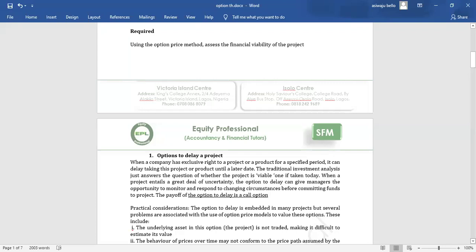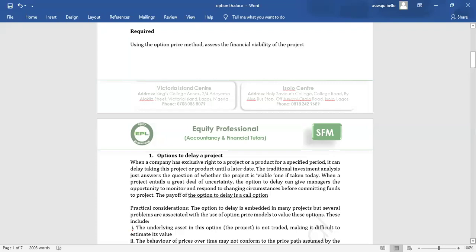Now, option to delay. When a company has exclusive rights to a project or to a product for a specified period, the company can decide to delay the project to a later period, particularly if the project involves a great degree of uncertainty.